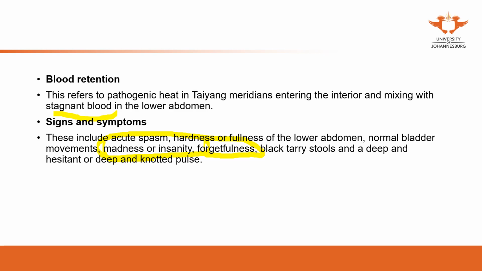As for how a bladder problem can affect the heart or the brain, you can study the distribution of the meridian. There is one bladder branch that goes to the heart.